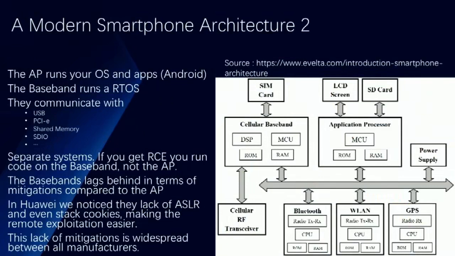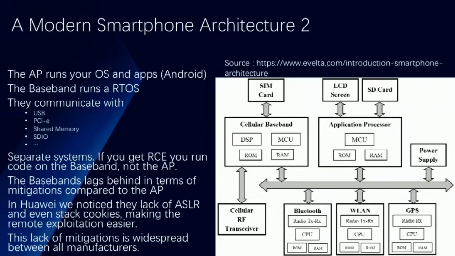So we just told you that you have an application processor and then you have a baseband, and they are two separate CPUs, but they communicate with each other, and usually they do it with a bus, which depending on the implementation could be USB, PCI Express, or shared memory. Since they are separate systems, if you get remote code execution on the baseband, you run code inside the baseband.